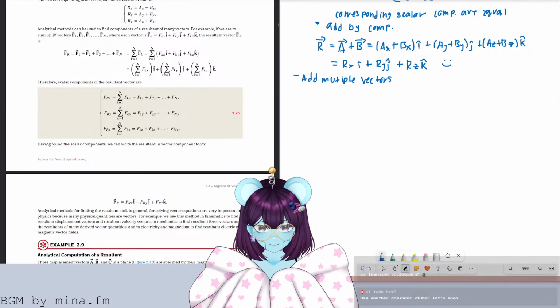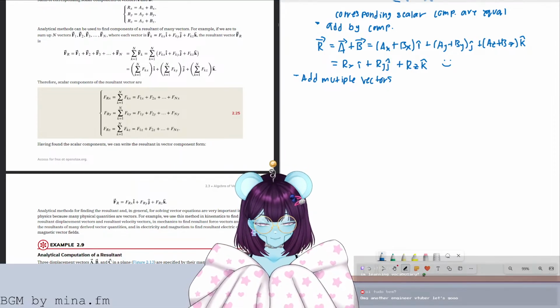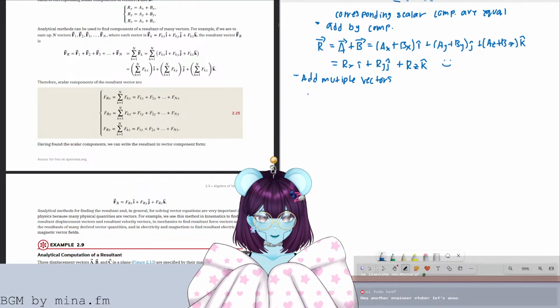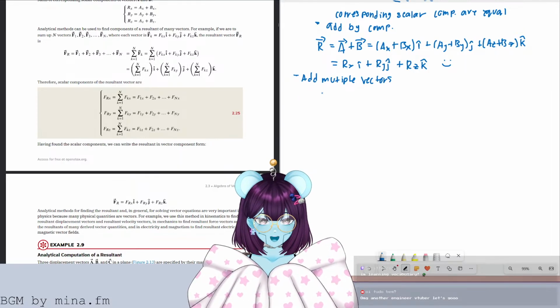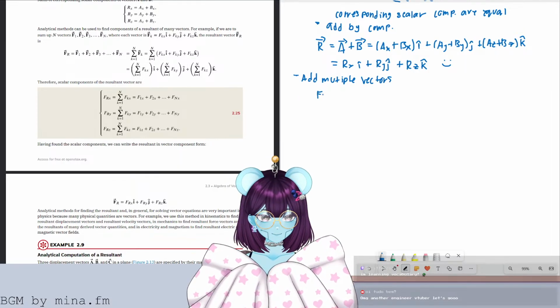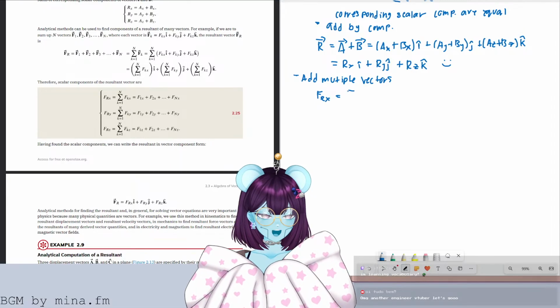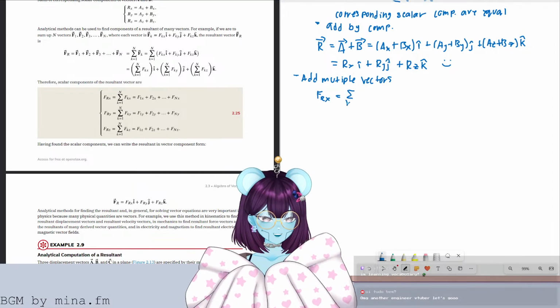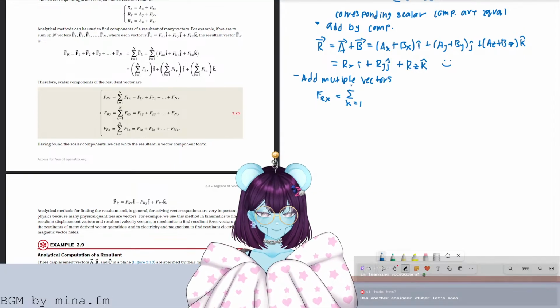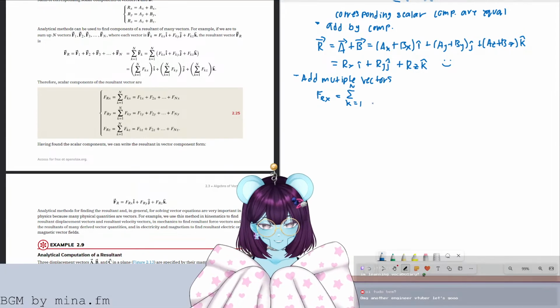Does everyone know how to read this summation symbol? I can explain it if not. Because I think the first time I saw a summation symbol, a very long time ago, it does look scary, right? You see it in all the movies, and it's like, what the heck is that? But it's actually not hard to read.